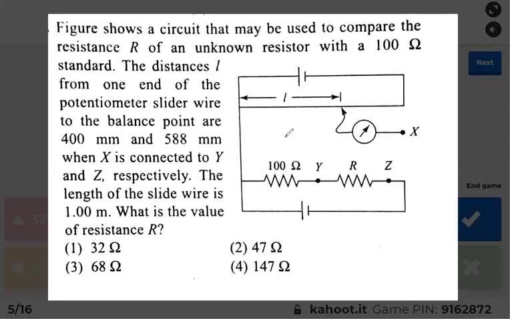Now, when you talk about this, what is the question, sir? This is the distance L from one end of the potentiometer wire slide. Same as meter bridge. The only difference is in meter bridge, this length was 1 meter.